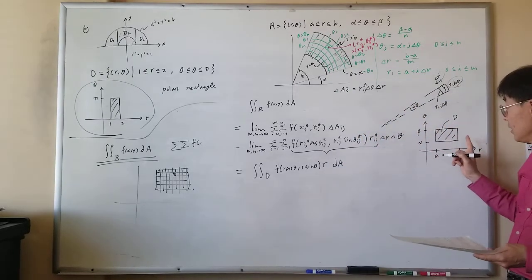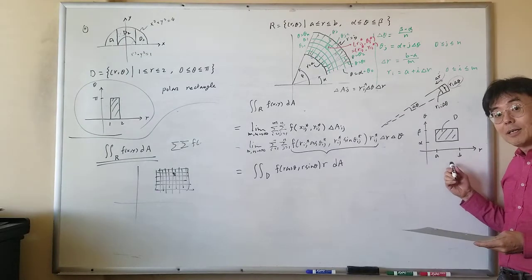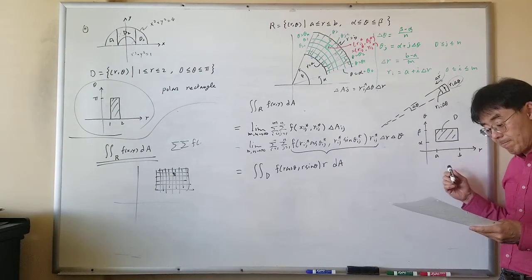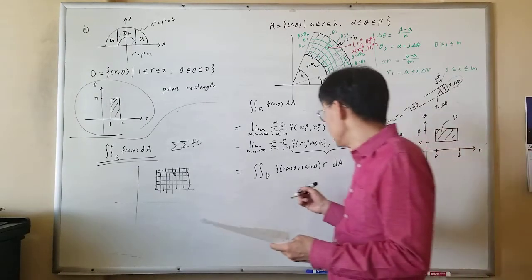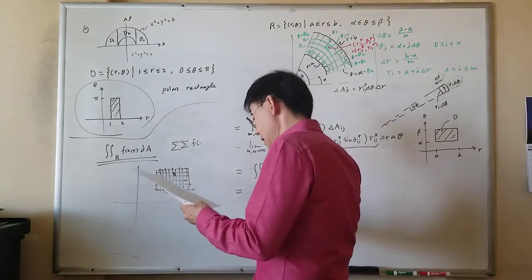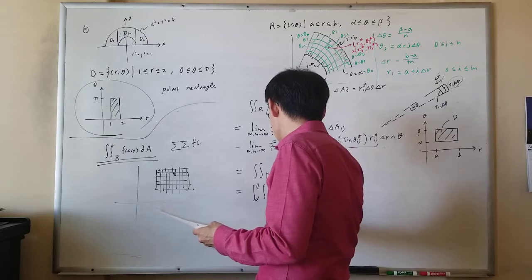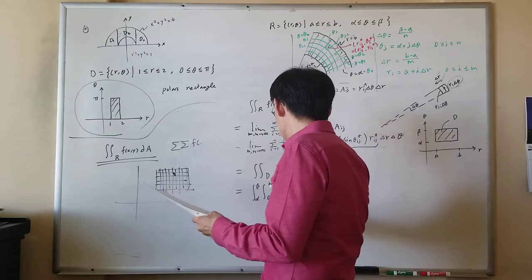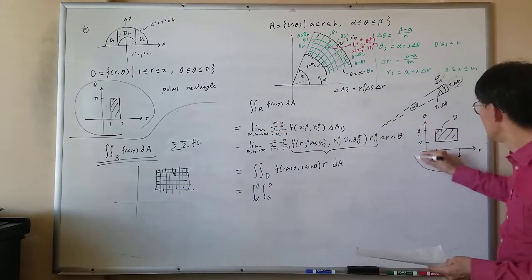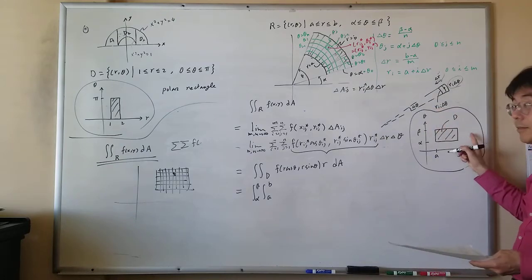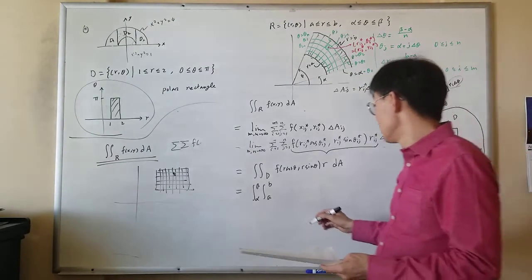And D is in the r theta plane. And that is, you can then iterate integral, right? Because it's a rectangle in the r theta plane, right?